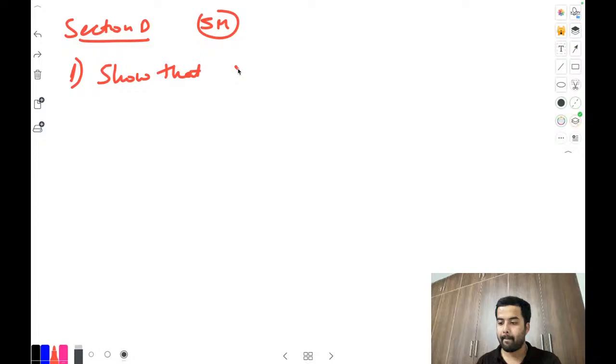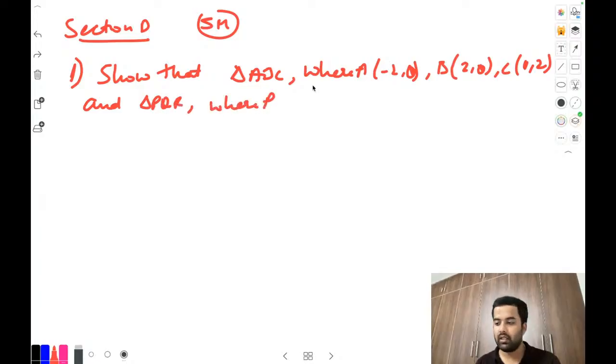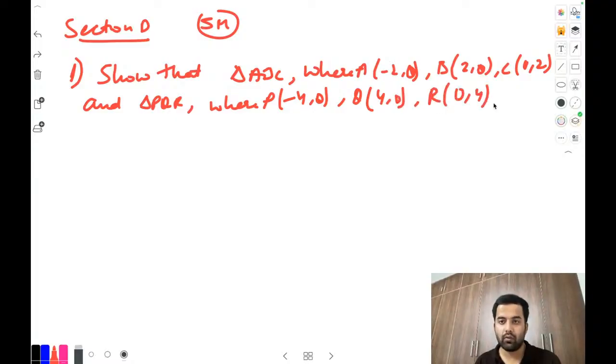Show that triangle ABC, where A is minus 2 comma 0, B is 2 comma 0 and C is 0 comma 2, and triangle PQR, where P is minus 4 comma 0, Q is 4 comma 0 and R is 0 comma 4, are similar triangles.